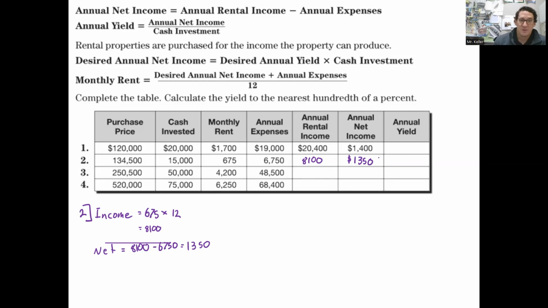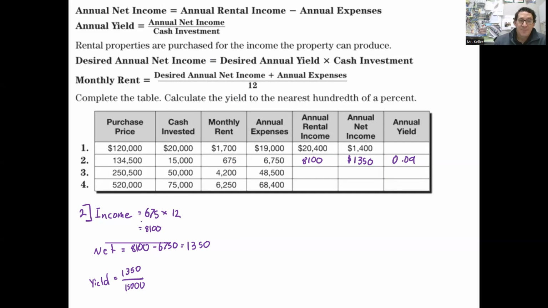The annual yield is going to be the net income, 1,350, divided by the cash investment, 15,000. And so that is 0.09. That's actually a pretty good yield, 9%. If you're getting up close to 10%, good investments, you're going to want 10 or 12%.